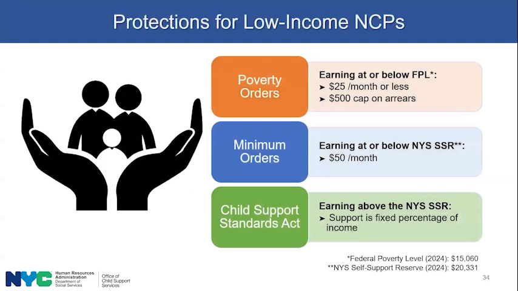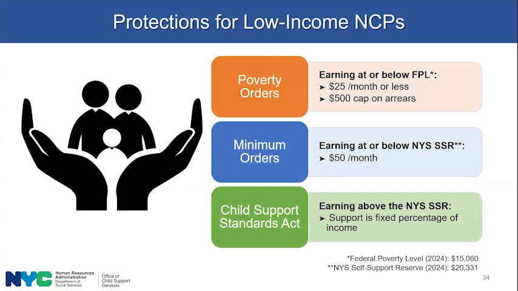Let's dive into those protections. For NCPs earning at or below the federal poverty line, which is what? Well, in the lower right corner, we see that the federal poverty level, which is adjusted annually, for 2024 is $15,060. That's for a one person household.